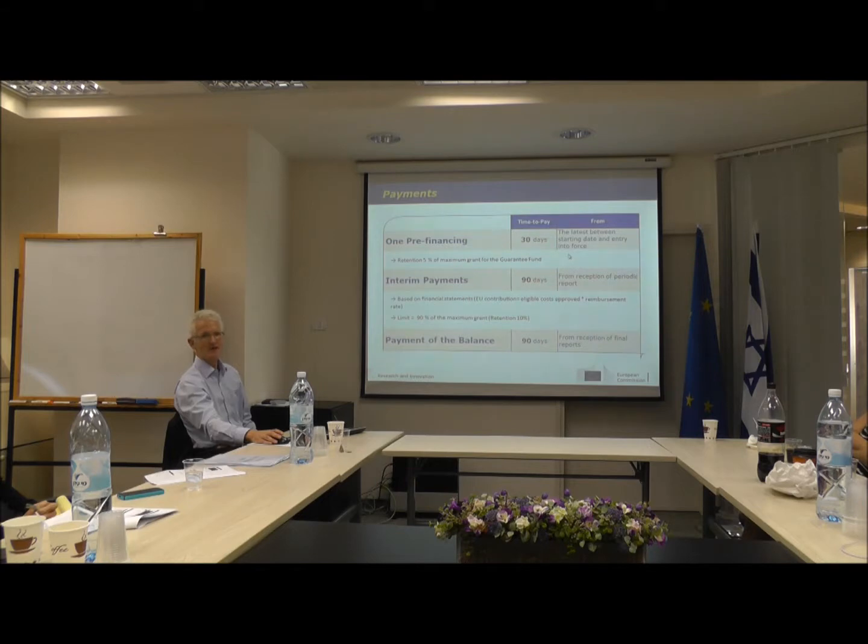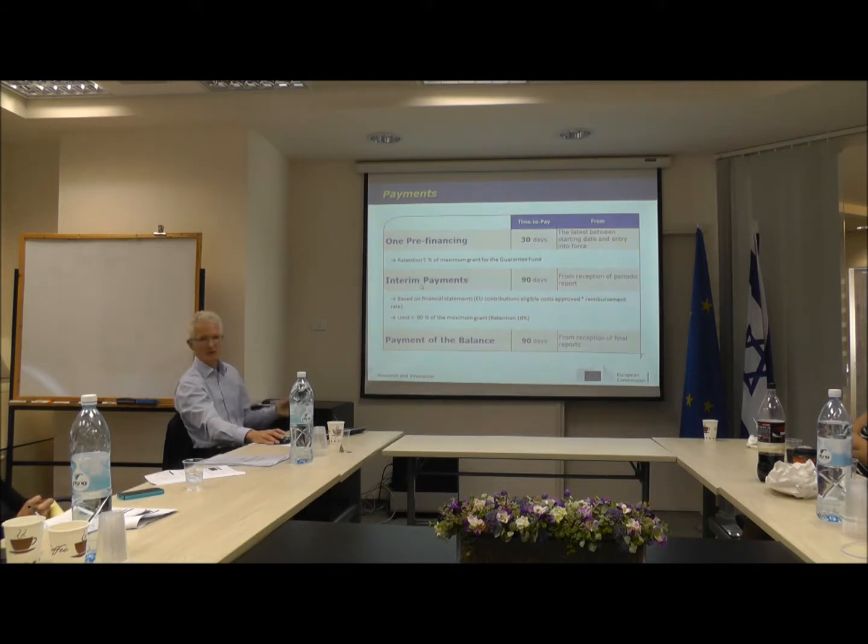But as a matter of principle, you will still get, as pre-financing, normally the estimated amount for the first report. In FP7 it was very generous. You could get 70 or 80% of the whole thing as pre-financing. Now it at least covers the estimated amount for the first report.